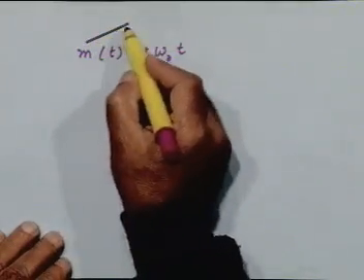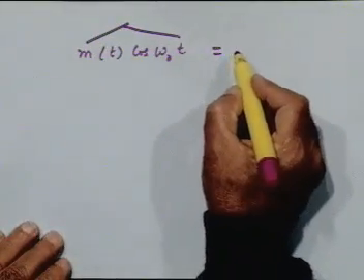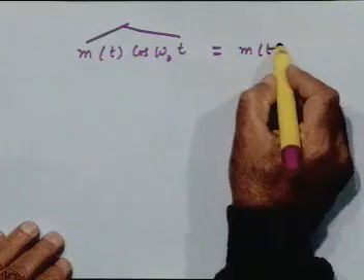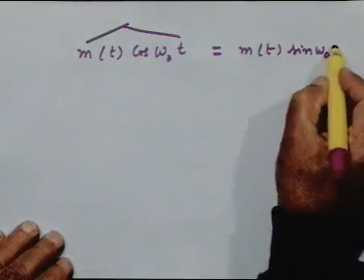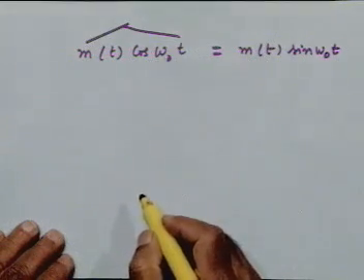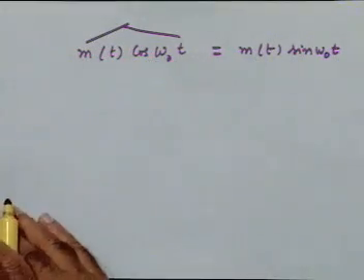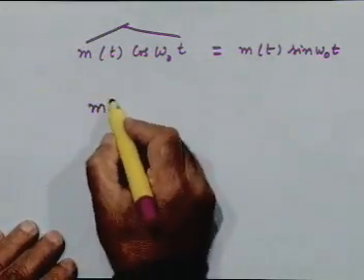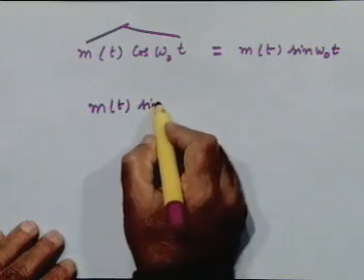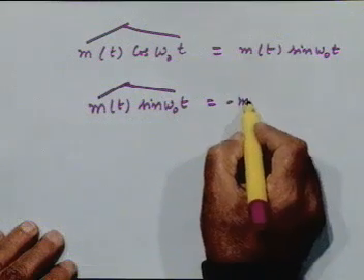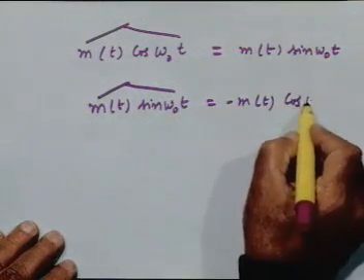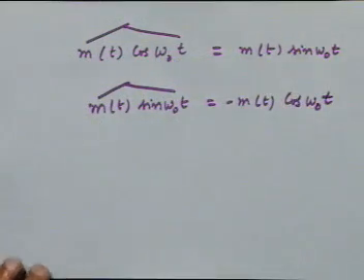And what will happen to the Hilbert transform of this then? If you apply that result, it will become m(t) into the Hilbert transform of cosine omega naught t. So it will be m(t) sine omega naught t, right? This is a very important special case. Similarly, the Hilbert transform of m(t) sine omega naught t would be minus m(t) cosine omega naught t. Are you with me?